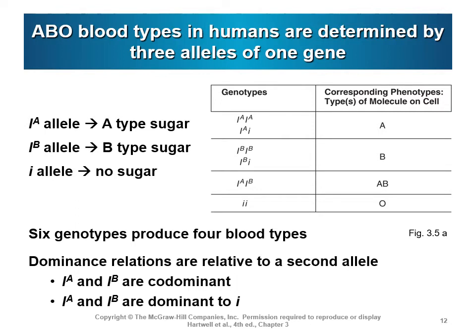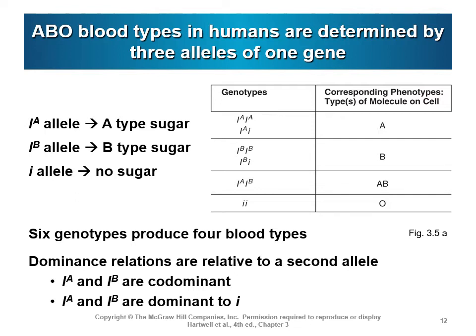When the genotype is AA, obviously our phenotype is an individual said to have blood type A. Along the same line, if we have BB, our phenotype is an individual said to have blood type B. But in addition to A and B, we also have an I, which is an allele that codes for no sugar.